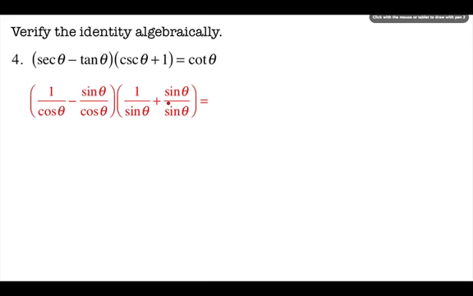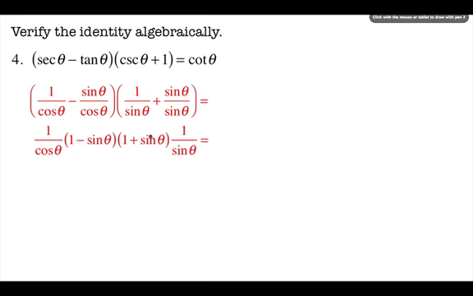And if I rewrite it as sine theta over sine theta, notice what you're going to see. Here, on the left-hand side, I can pull out a 1 over cosine out of this binomial, and I'm left with this. In the same manner, I can pull out a 1 over sine out of this binomial, and I'm left with 1 plus sine theta.